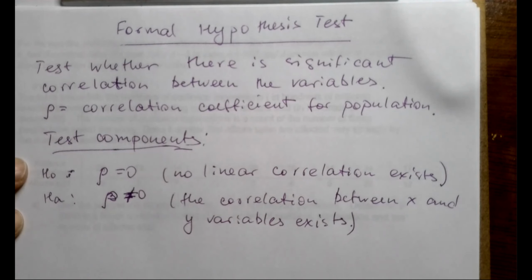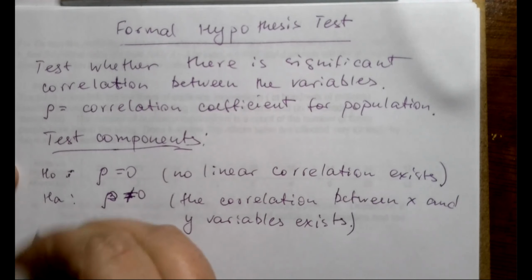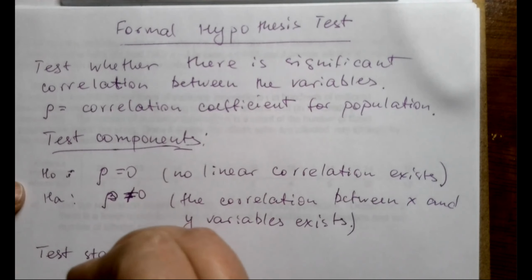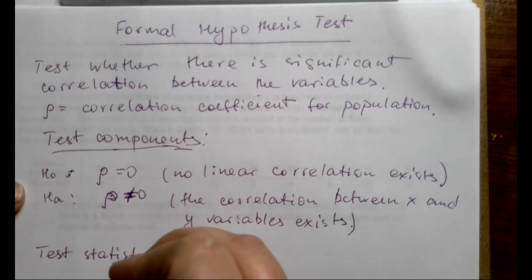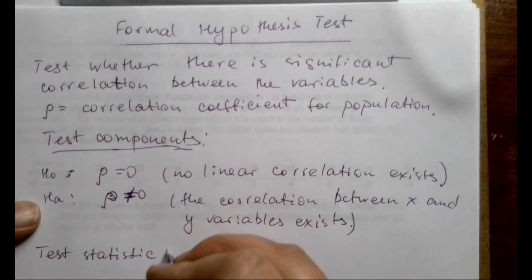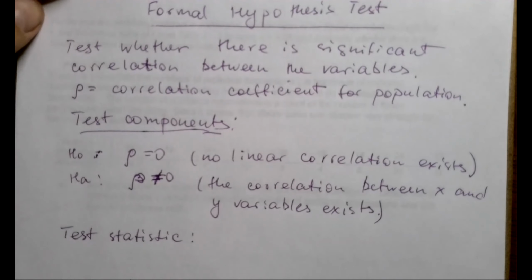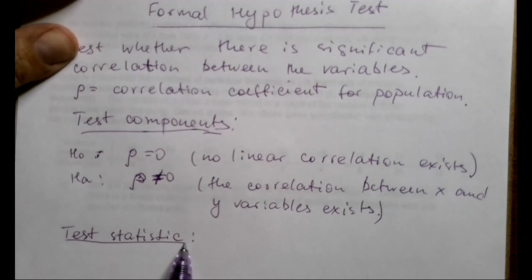Now let's talk about our test statistic and decision making. Your test statistic is going to come from the table or StatCrunch. For now, I'm going to ignore the test statistic.